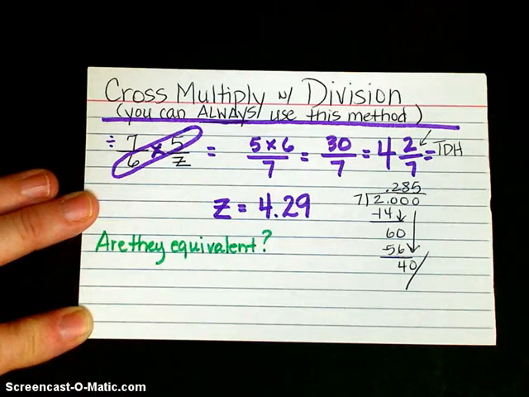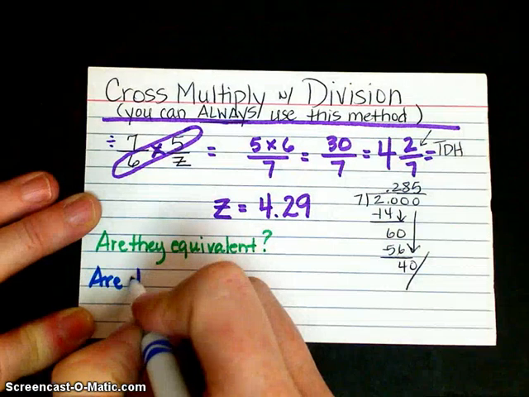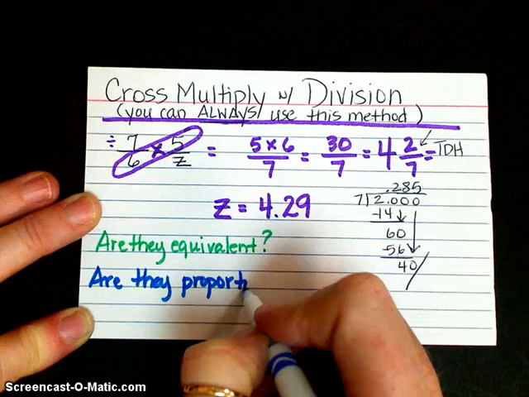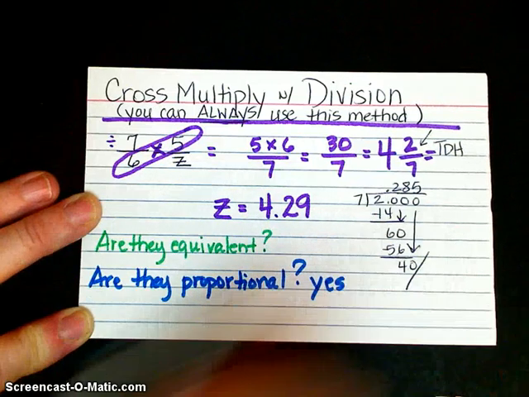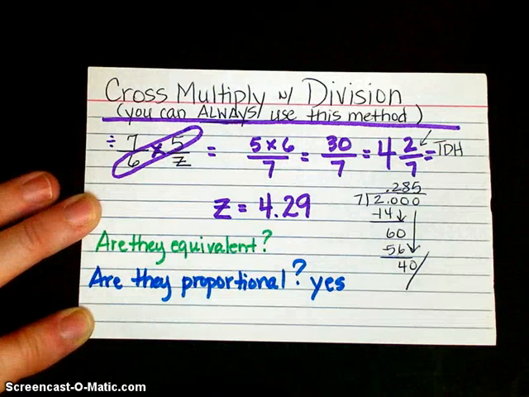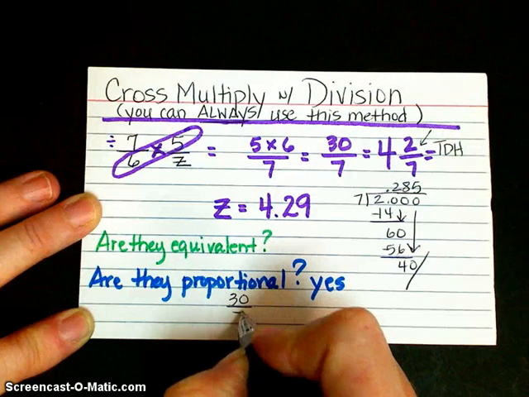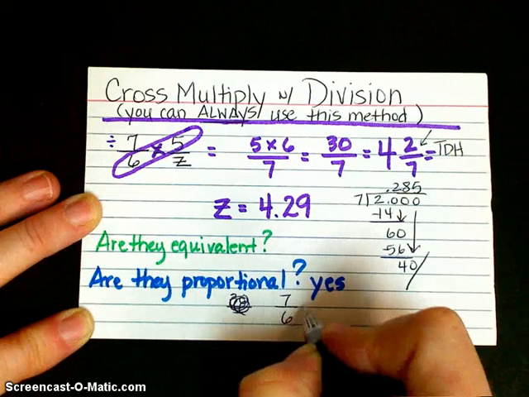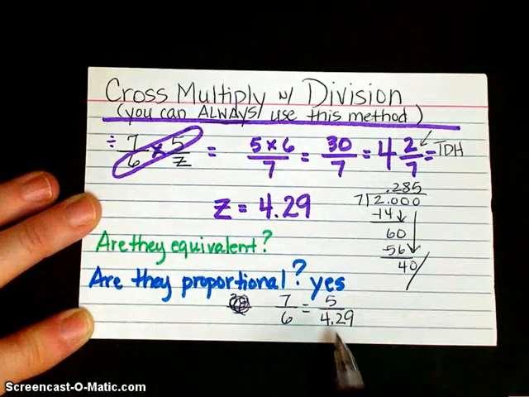So in this case, if we ask if they're proportional, I would say yes, but look at what happens. I just wrote down the wrong thing. 7 over 6 equals 5 over 4.29. This decimal is going to throw everything off.